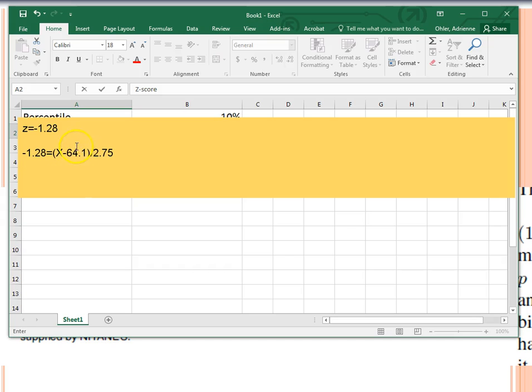The second number is the average height of women, so 64.1, and then what we divide by is the standard deviation of women's height. So when we rewrite this equation and solve for x, what we can find then is the number of inches that height represents. So 60.58 inches is the height that represents the lowest 10% of women. So if you see a woman that is 5 foot or less, she falls in the lowest 10% of women.